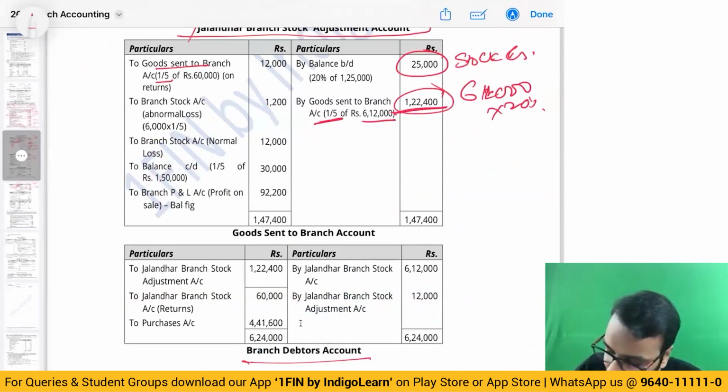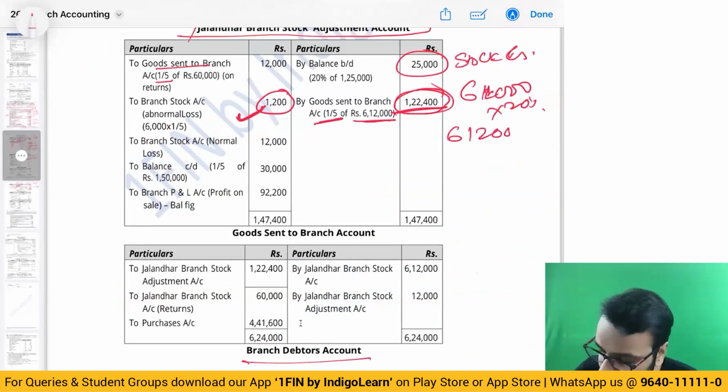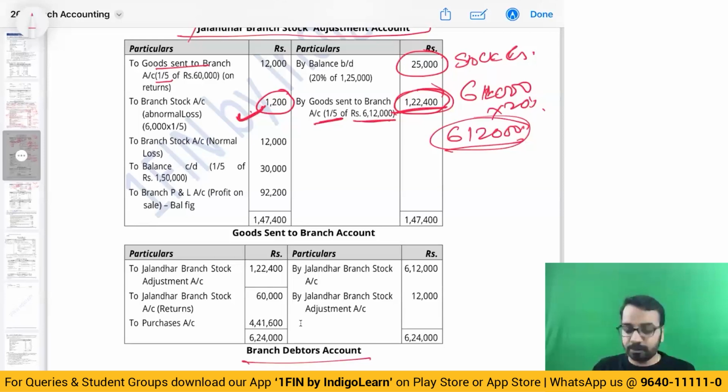Now, out of this profit element on goods transferred, they have received only 6 lakhs. So basically, when you do that adjustment of normal loss, this 1,200 will be reduced from the stock value. Why? Because here we have taken 6,12,000 full value, whereas the branch has not received the full value. Oh, sorry, this is the abnormal loss portion.